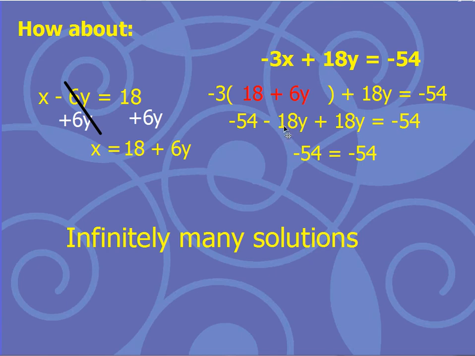If, on the other hand, your variables canceled and you were left with a situation where you had an untrue equality statement, like 7 equals 10 or 0 equals 15, that would be a no solution system. So be cautious. If all your variables are gone, you either have infinitely many solutions or no solutions, depending on whether you have a true statement or a false statement.